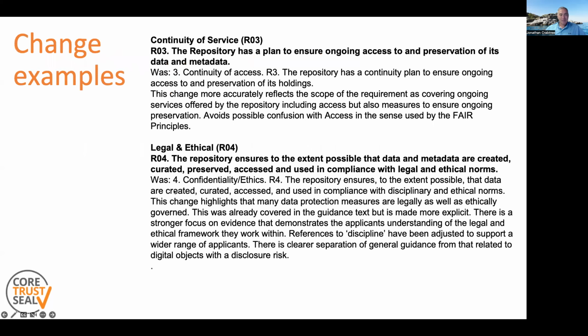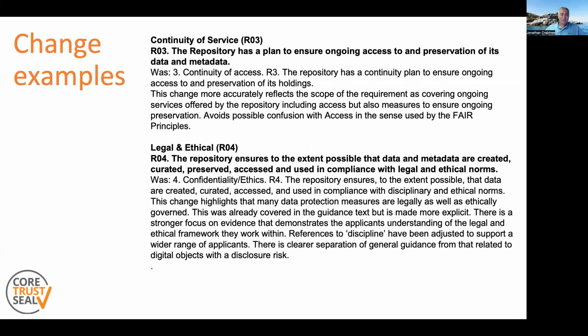Here's a couple of examples of what I was talking about. I mentioned it earlier. Things like continuity of access was changed to continuity of service. It doesn't seem like a major change, but it opens it up and reflects more accurately the scope of the requirement as we're looking at many different applications from different disciplines and different areas.